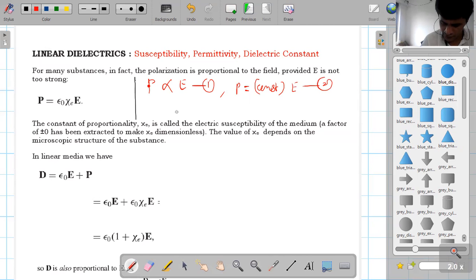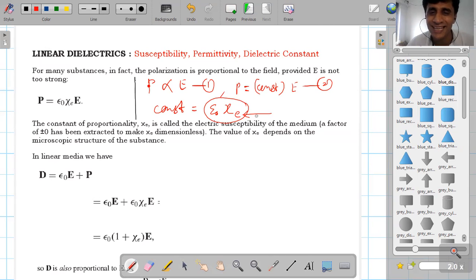But this constant equals epsilon 0 times the second notation. What is the pronunciation of this? This is not xi, it is chi. Chi.